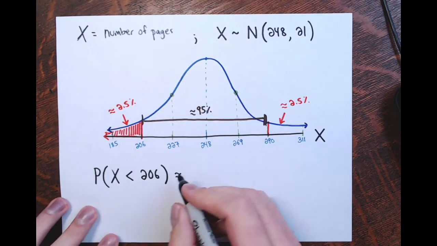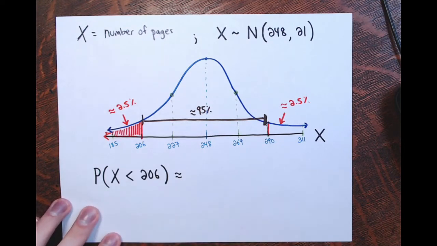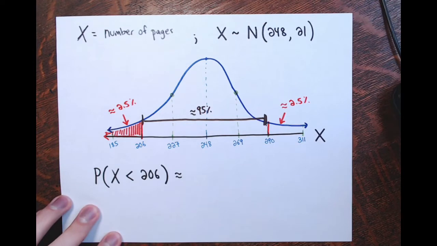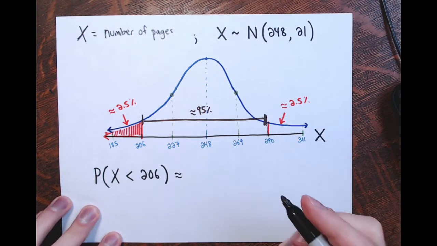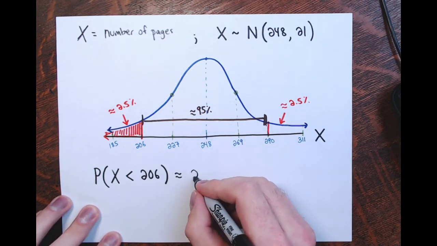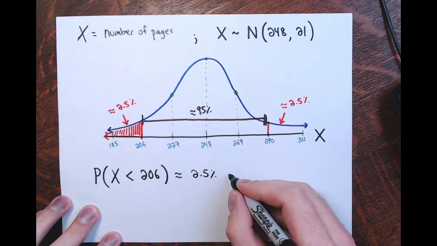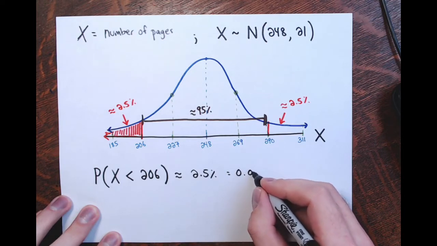So the probability that you pick a book at random, if the numbers of pages are truly normally distributed with a mean of 248 and a standard deviation of 21, that the book would have less than 206 pages is approximately 2.5%, or 0.025.